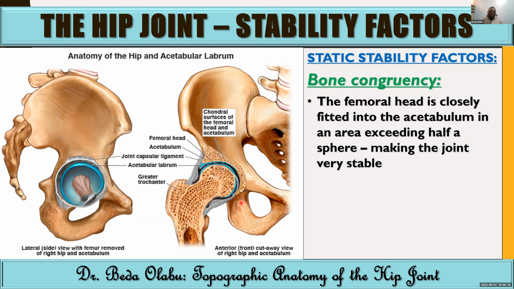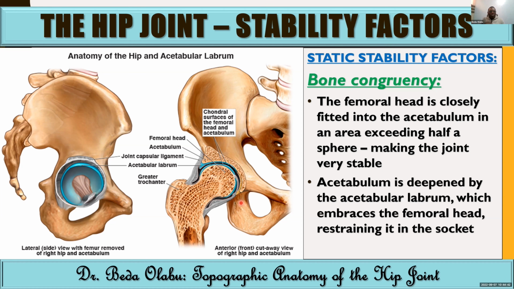More than half of the head of femur enters into the socket of the acetabulum. That makes this joint very stable, even without any other factor. And so the bony factor is a key factor, perhaps the most important factor in hip joint stability.